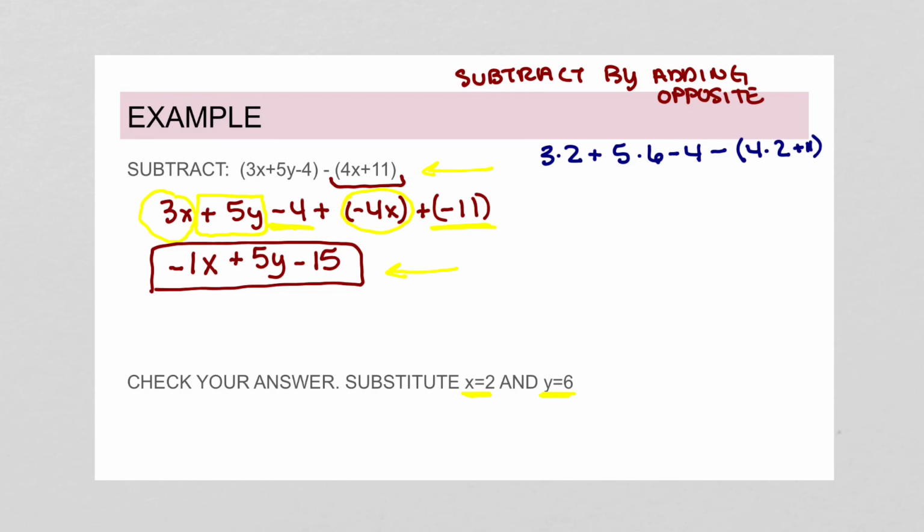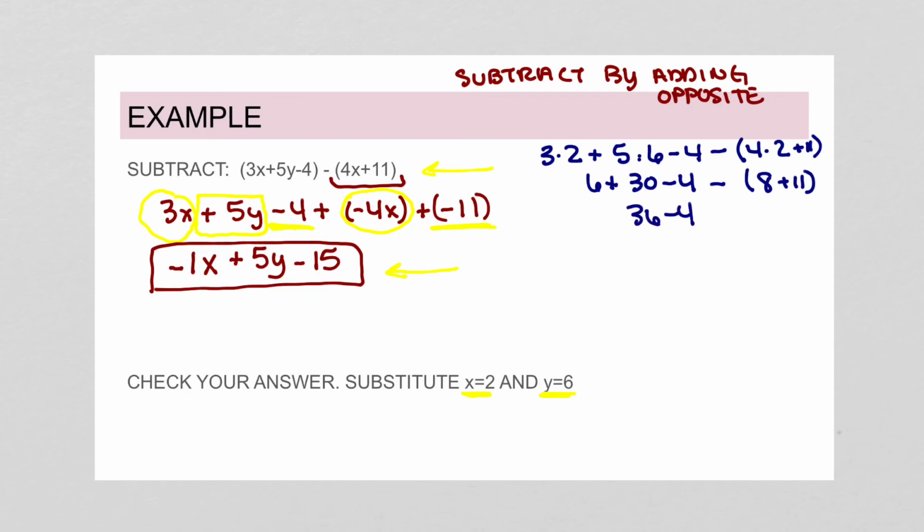Okay, so let's see this. 3 times 2 is 6, plus 5 times 6 is 30, minus 4. And I'm going to subtract from that, well, 4 times 2 is 8, plus 11. So let's just keep going with this. 6 plus 30 is 36, minus 4.